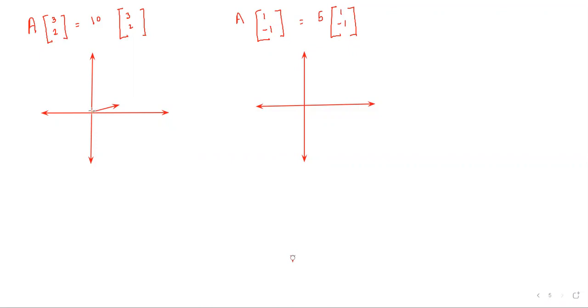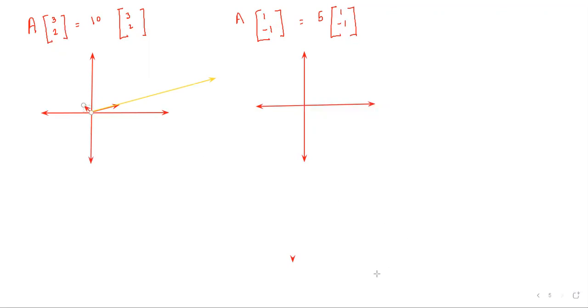I'm going to use a lighter color to show that it has gone till here. And what about this here? This 1 minus 1 is somewhere here, 1 minus 1 is this way.